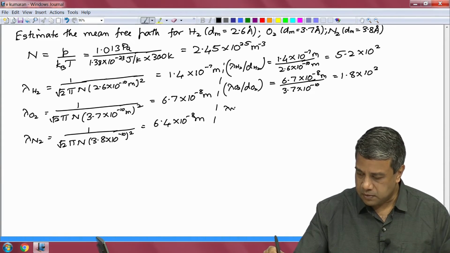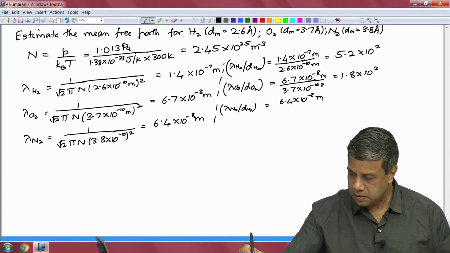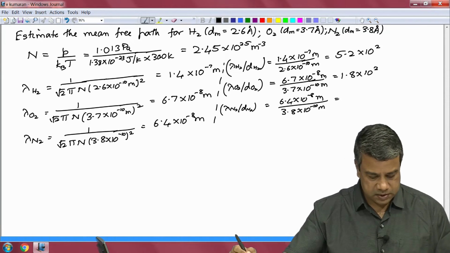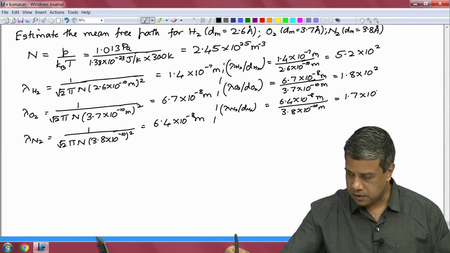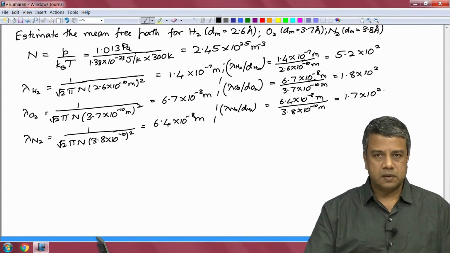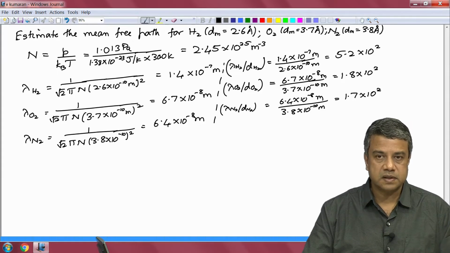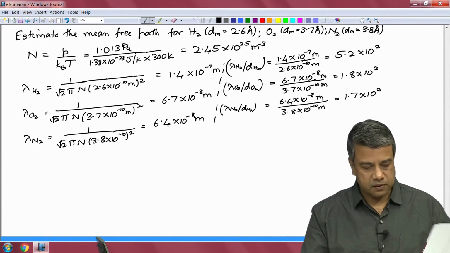And lambda N2 by d N2 is equal to 6.4 into 10 power minus 8 by the diameter, which is approximately 1.7 into 10 power 2. So, a molecule typically travels 100 to 500 times its diameter between successive collisions at room temperature and at standard pressure. That is approximately the magnitude of the distance travelled.